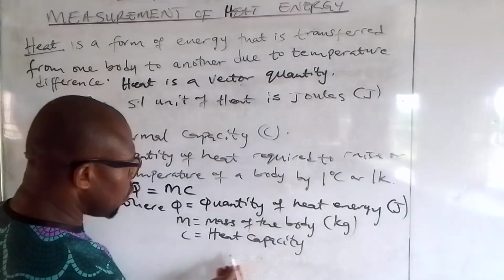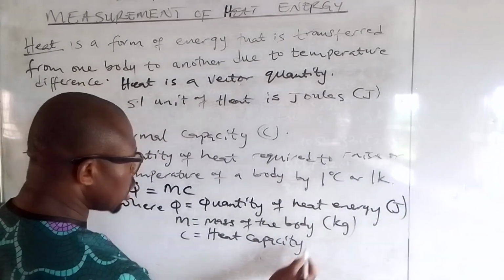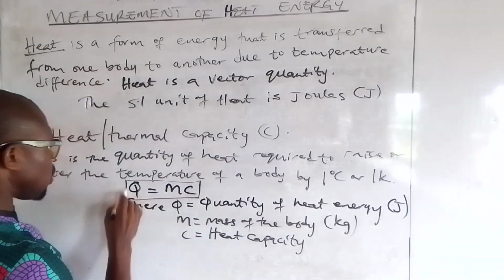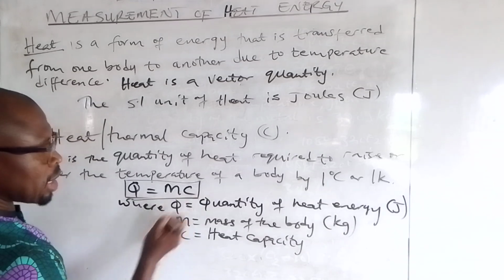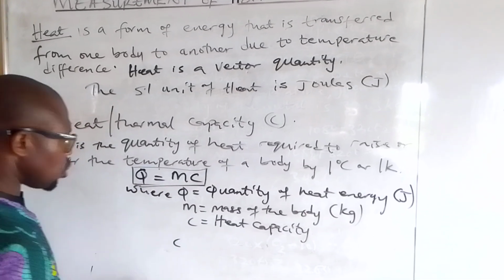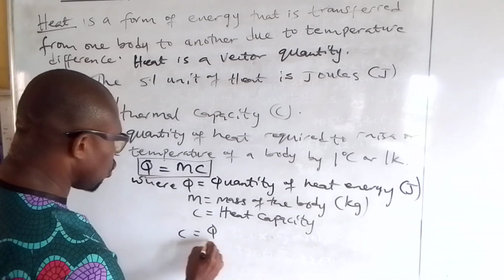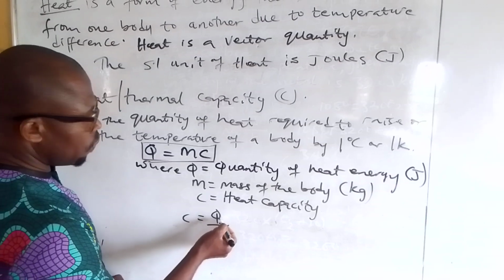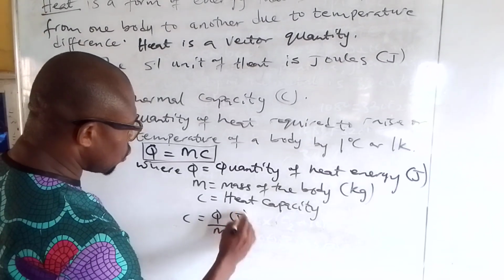Now the next is to find the SI unit for heat capacity. Now from the expression, we can make C the subject of the formula. And if we make C the subject of the formula from this, we now have that C is equal to Q all over M. Q is the quantity of energy measured in joules.